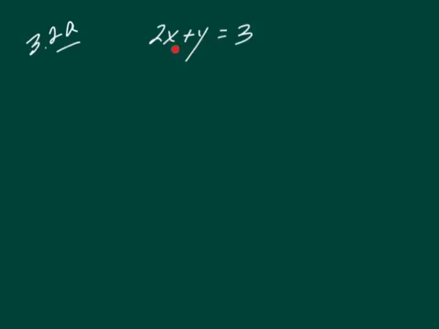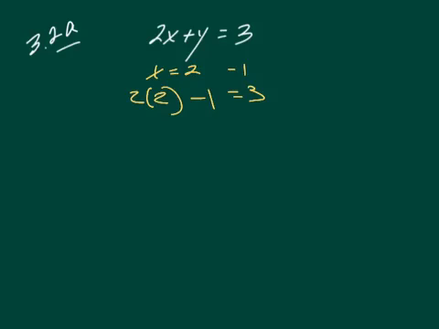There are a whole bunch of numbers that will work to make this a true statement. I mean, I could use x equals 2 and y equals -1, because 2 times 2 minus 1 equals 3.